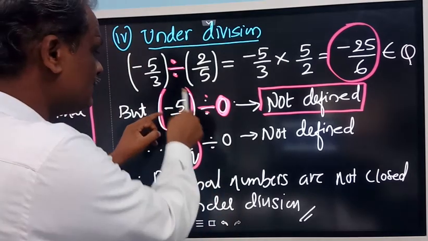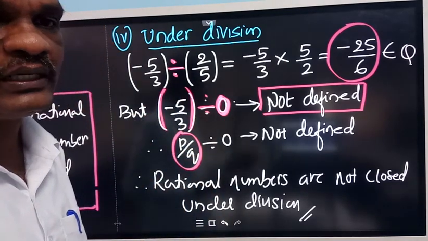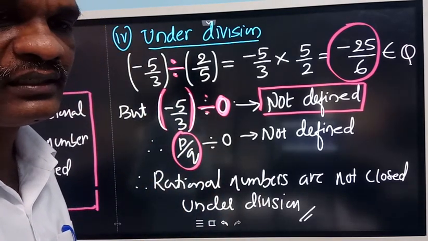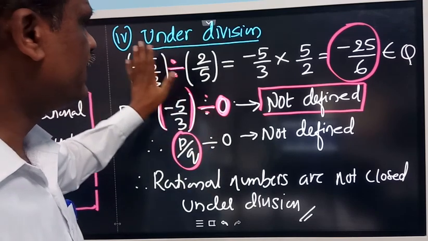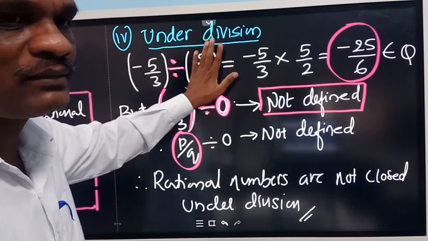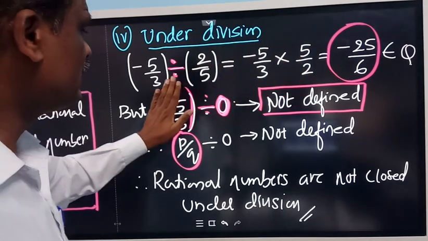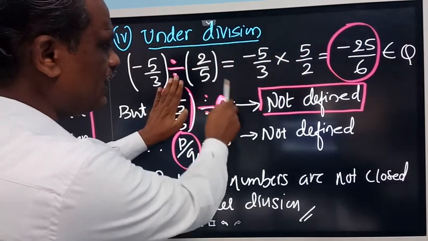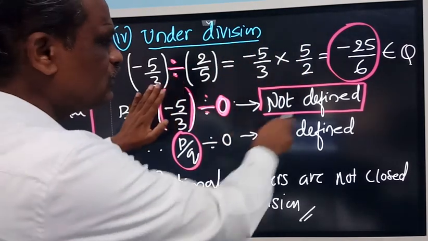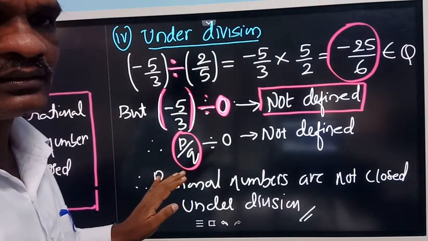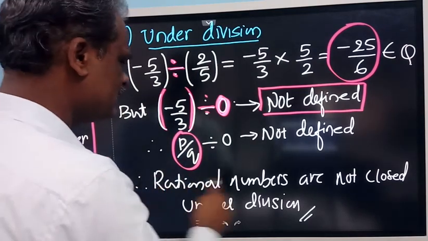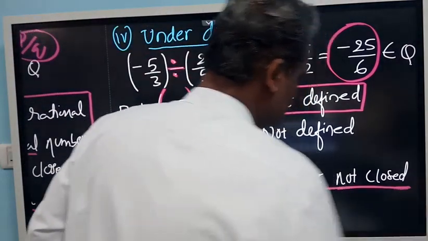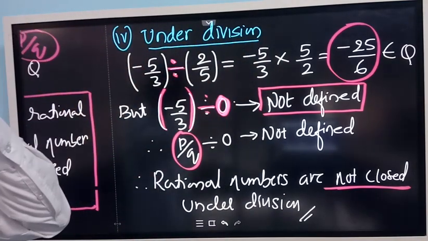You can take the 0 in the numerator, but you cannot take 0 in the denominator. So any rational number divided by another rational number should give a rational number, but here a rational number divided by another rational number, that is 0, you are not getting an answer, that is not defined. Therefore, not the entire set, rational numbers are not closed under division.